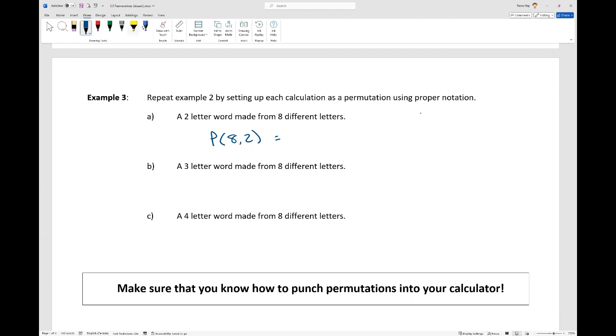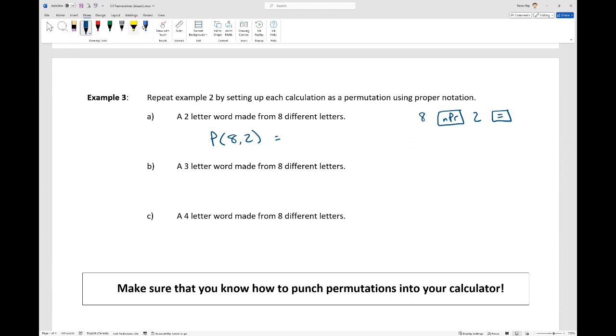On my calculator, I would hit the number 8, and then I would have the nPr button, and then I would do 2, and then the equals sign. So play with your calculator a little bit. If you're getting the same answers I have, you've figured it out. And if you haven't, you may have to investigate a little further, but usually it's put in the n, hit the nPr button, and then put in the r and hit equals.